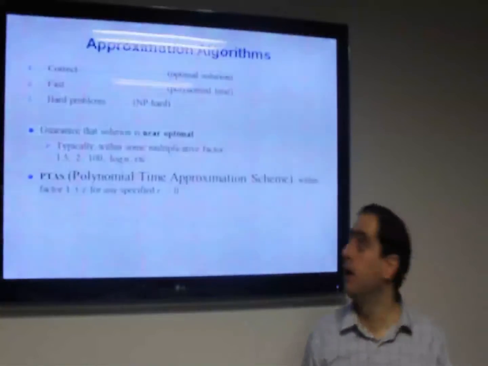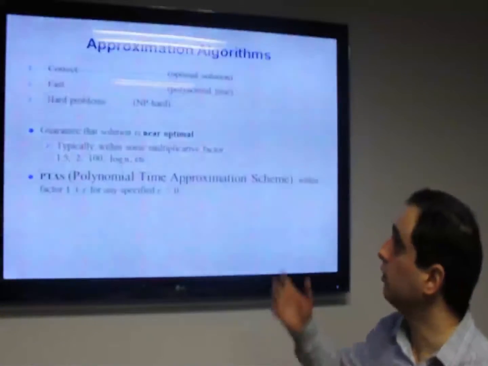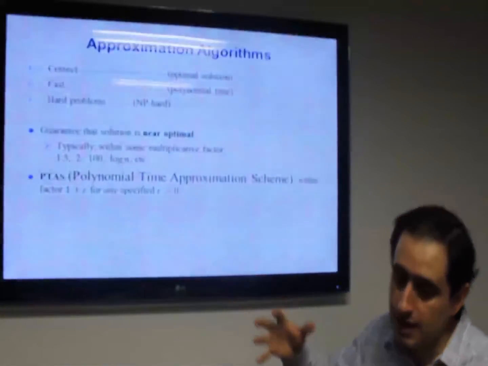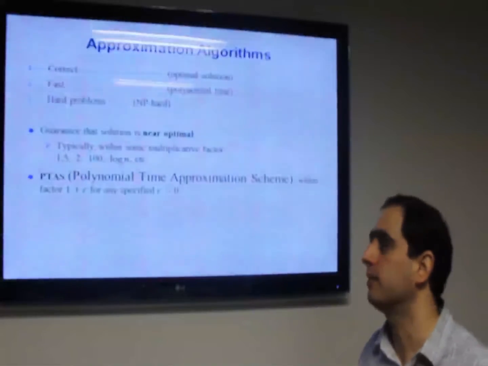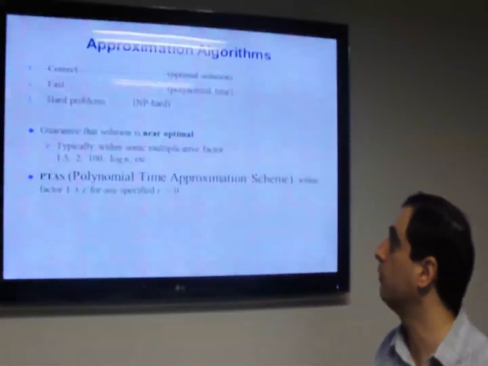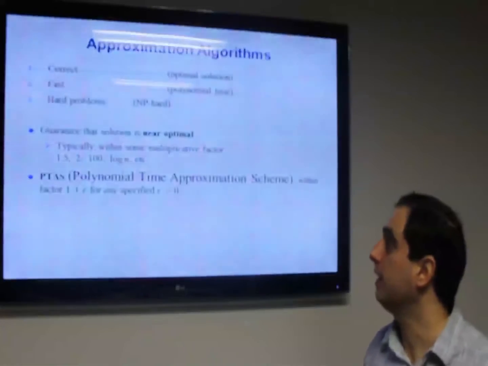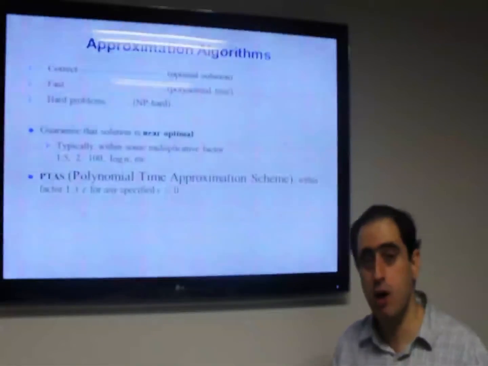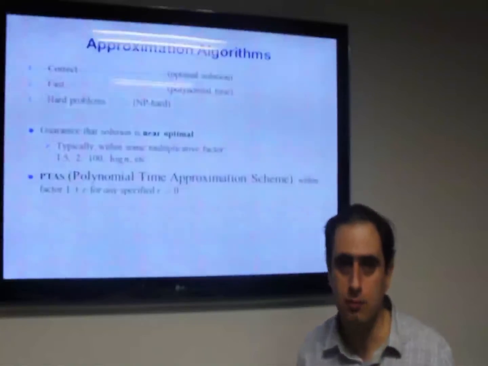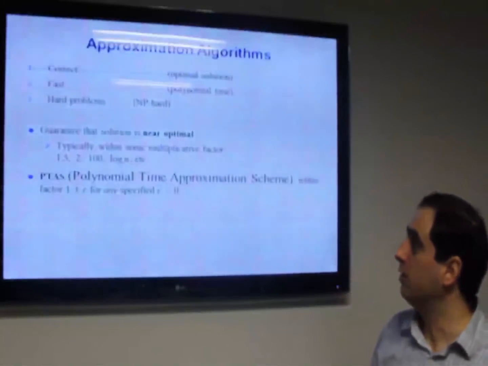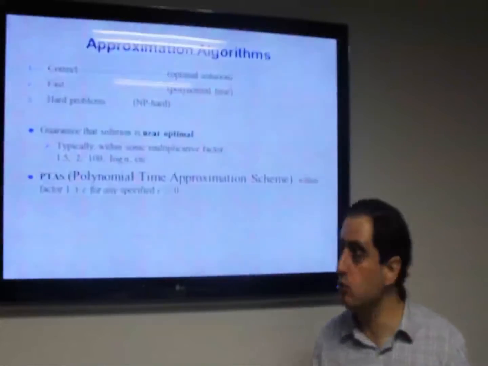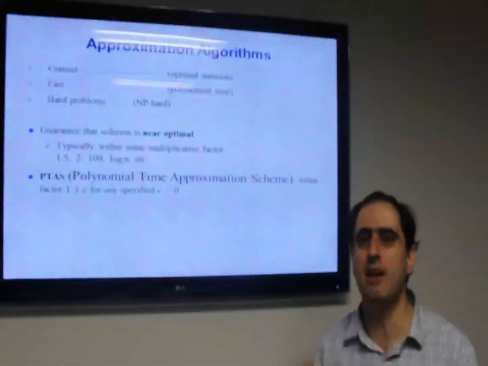The other one that we like more are those that are fast, meaning polynomial time algorithms, and for NP-hard problems. Of course, then we need to lose something. And what do we need to lose? The one that we need to lose is correctness. We don't want to lose it too much. So we say, okay, we don't necessarily want the optimal solution, but what about a near optimal solution?